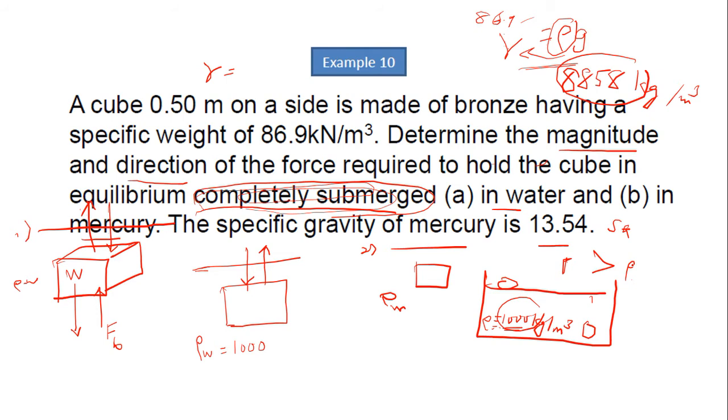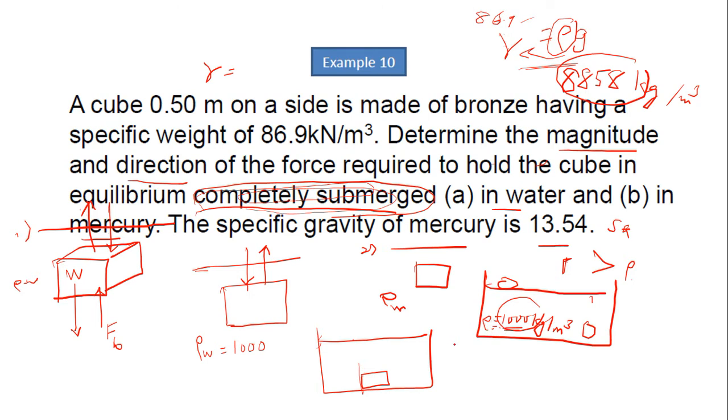So that means your external force to make it equilibrium completely submerged, where is your force? Tadi saya kata kalau awak letak bronze dalam air, dia akan jatuh, dia akan sink, because the rho of the bronze is larger than the rho of the water.